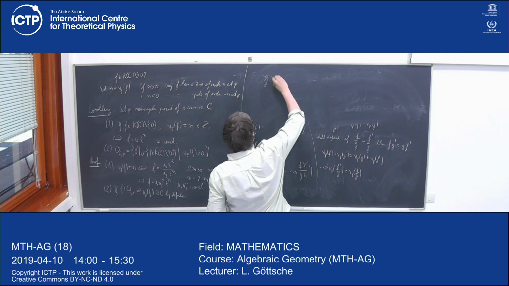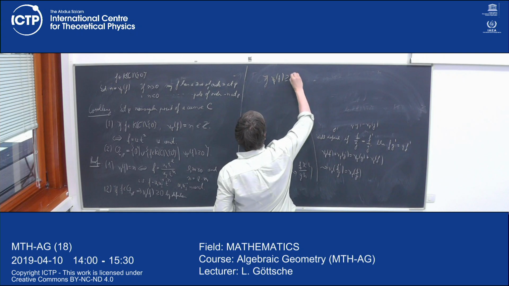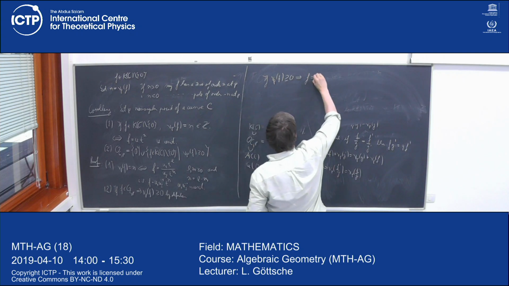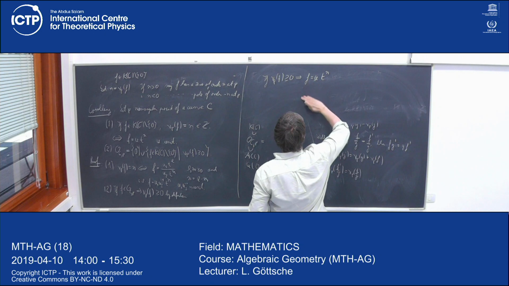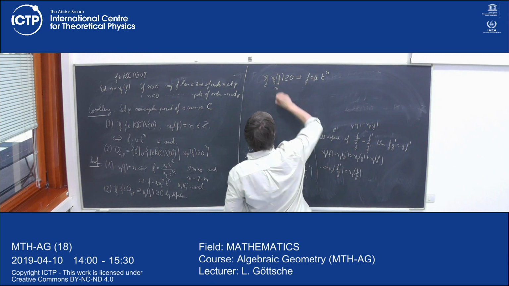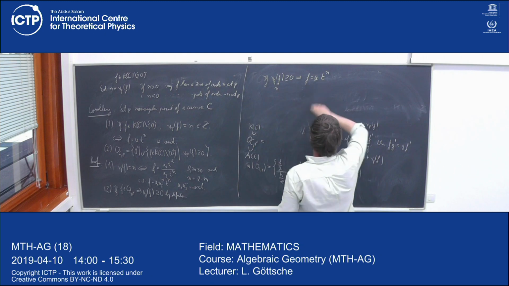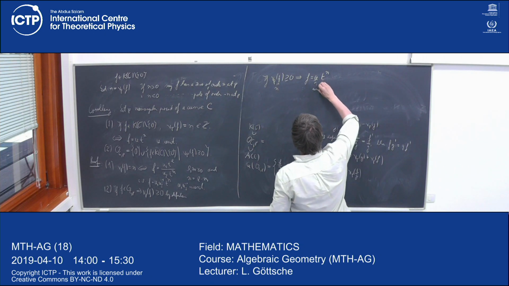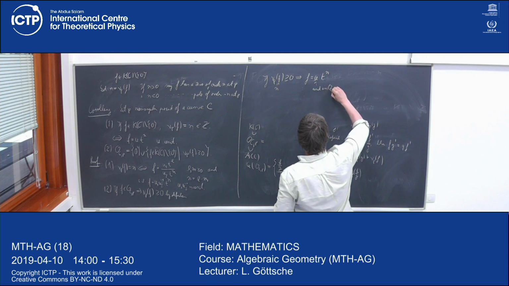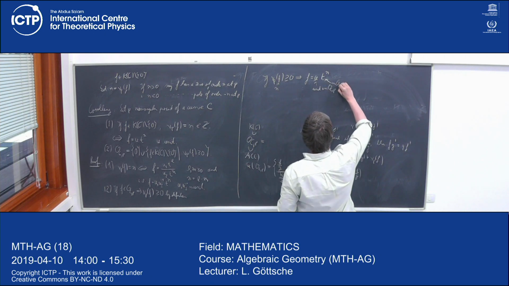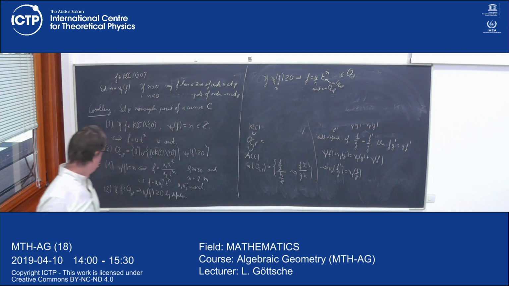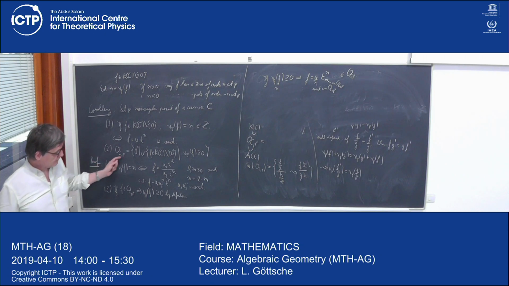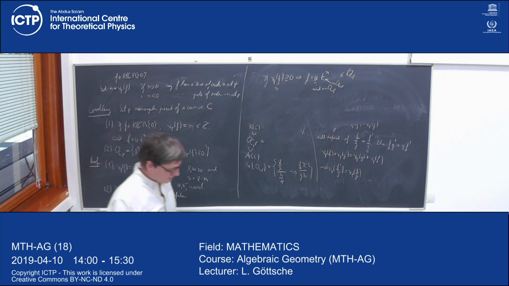If nu p of f is bigger or equal to 0, then f is equal to u times t to the n with n bigger or equal to 0. Then u is a unit in OCP, and t is also an element in OCP, so obviously this lies in OCP. So it's a standard triviality from the definitions that the local ring consists precisely of the elements of non-negative valuation.